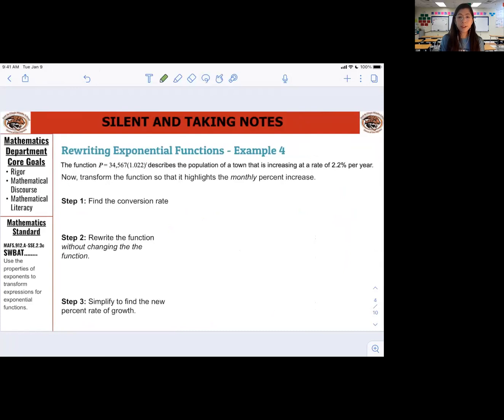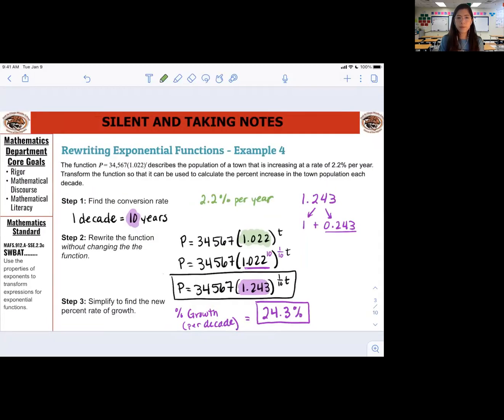Well, now we're going to use the same exact example, same town, same population, but we're going to transform it so that it highlights the monthly percent increase. In this example, I was doing the decades, so that's where I got my 10 from, because 1 decade is 10 years.